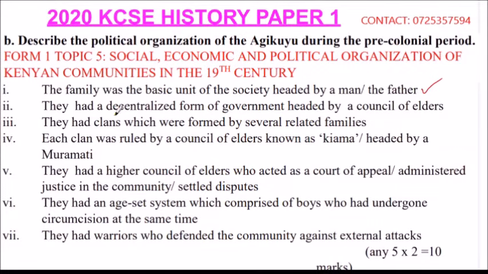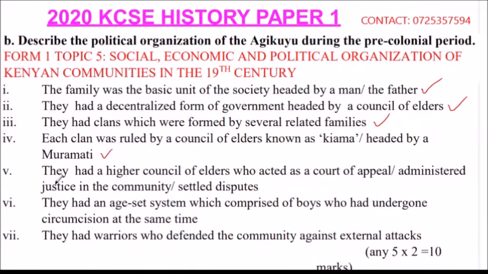Roman number 2, the way they used to handle issues in the Agikuyu community. They had a decentralized form of government headed by a council of elders. Number 3, they had clans which were formed by several related families. Number 4, each clan was ruled by a council of elders known as Kiama, headed by Muramati.